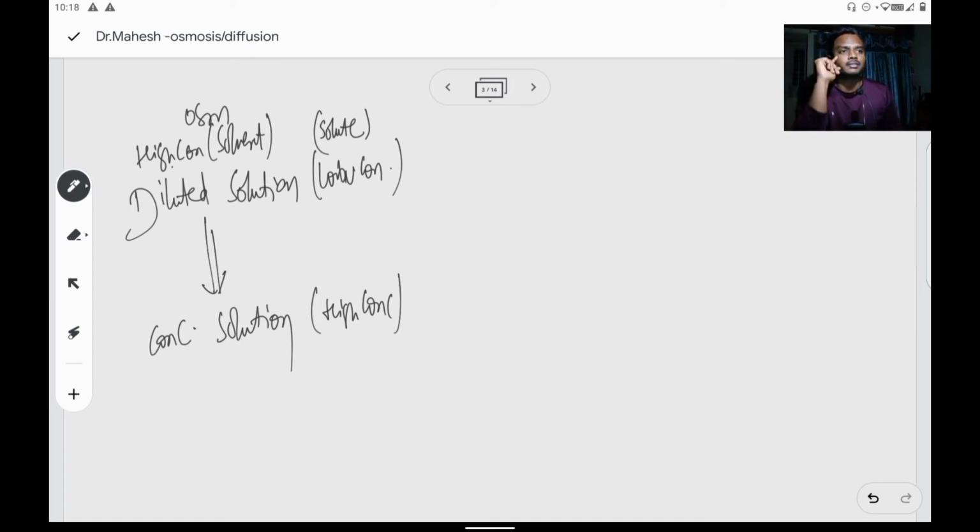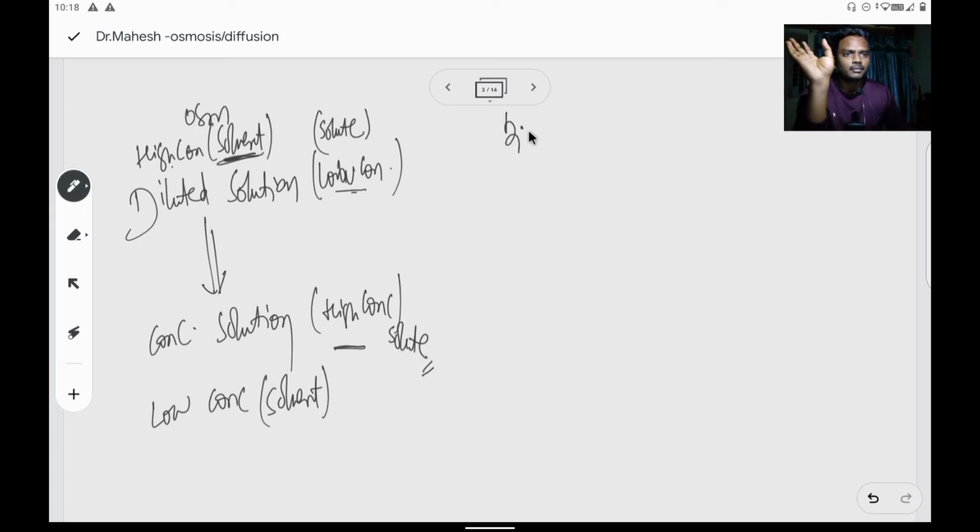There is a confusion that arises, but when they say high concentrated to low concentrated, that is in terms of solvent. If they say low concentrated to high concentrated, it is in terms of solute. Understand? This is osmosis.